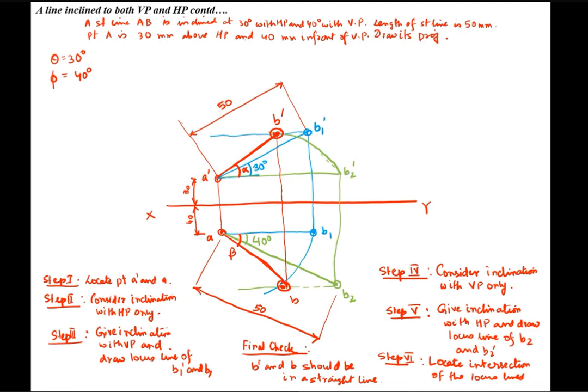A dash, B dash, and AB will be thick continuous, that is my final projection. That will be dark. And all other dimensions will be thin continuous.